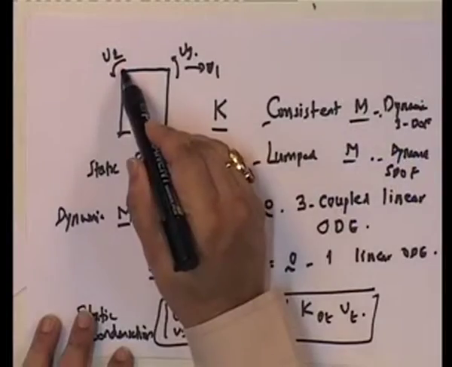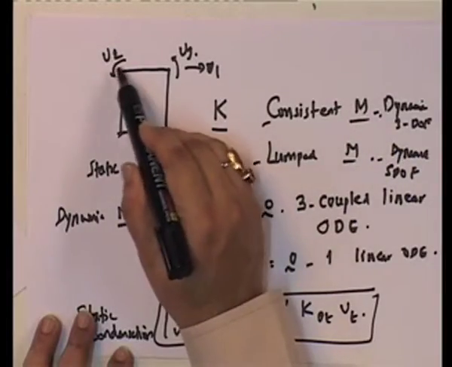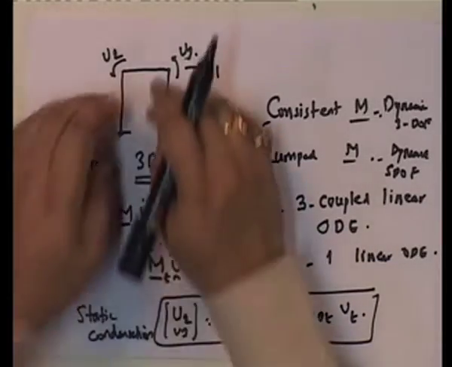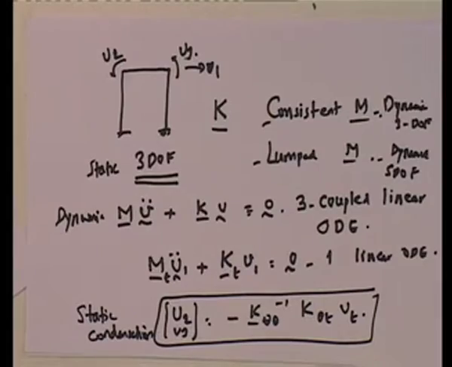So, if I have a single story building, I have only 1 dynamic degree of freedom. Remember, if this beam was rigid, then V2 and V3 would be 0, and it is a true single degree of freedom structure.